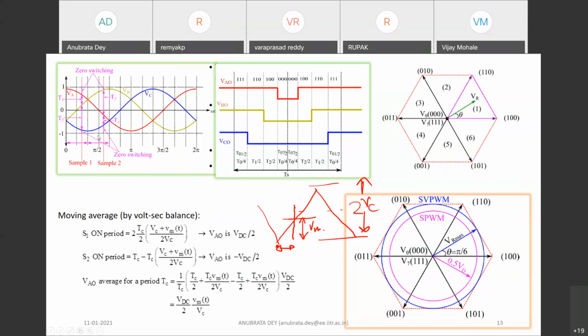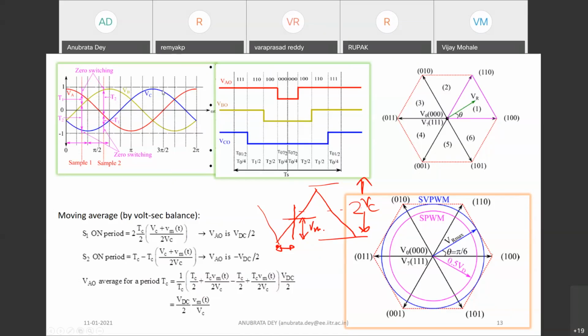So they have different values. When they have different values, there is a chance that you may hit the limit very quickly. Once you hit the limit, you cannot proceed further. So if you are increasing the modulation index further, the peak of this waveform will increase further, so you will quickly hit the limit, and you cannot increase the amplitude further. So with a sinusoidal waveform, you will hit the limit quickly.